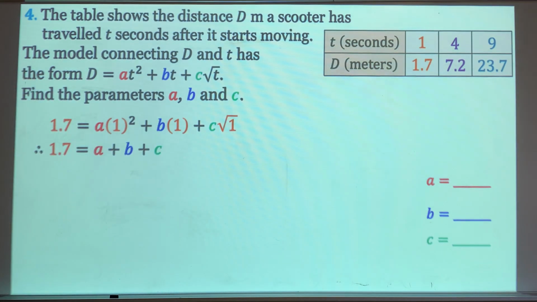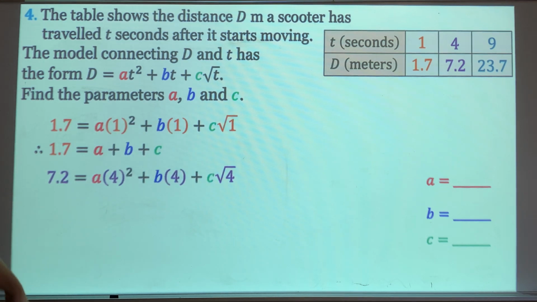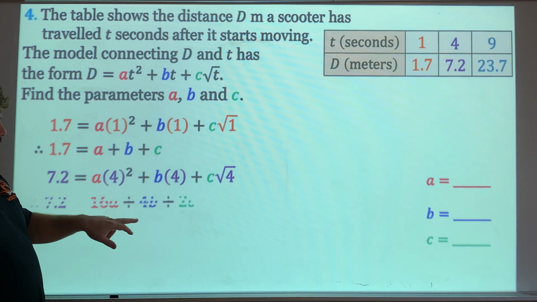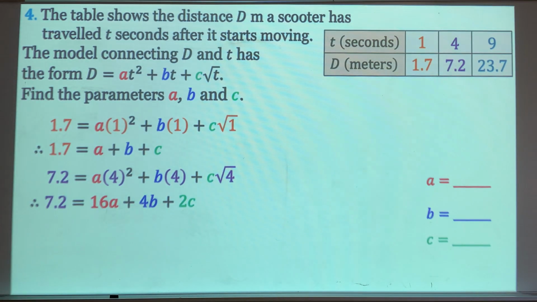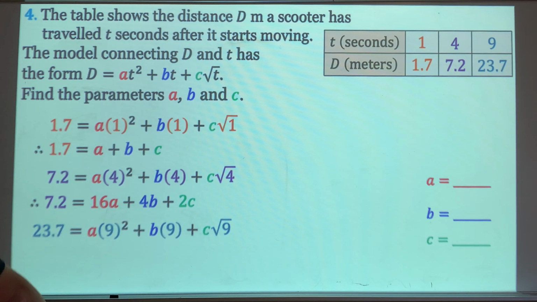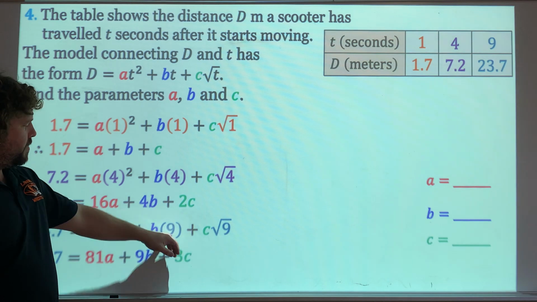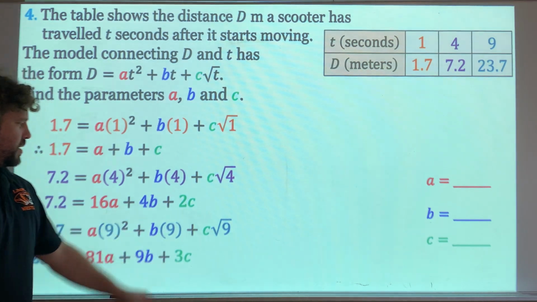So 1.7 equals A plus B plus C. It gets a little trickier, because now we're doing 4. 7.2 equals A times 4 squared, which is 16, plus 4 times B, which is 4B, plus C times the square root of 4, which is 2. Not much trickier. Go with the third one, 23.7 equals A times 9 squared, which is 81, B times 9, which is 9, and C times the square root of 9, which is 3.